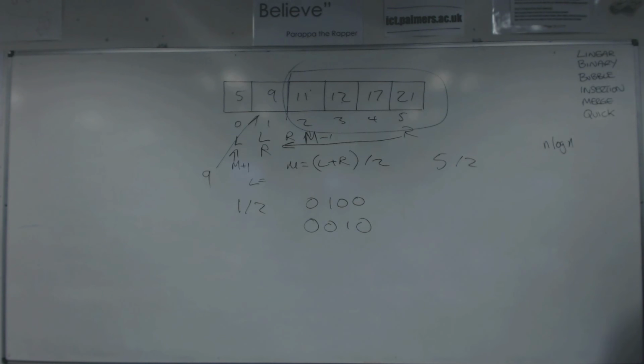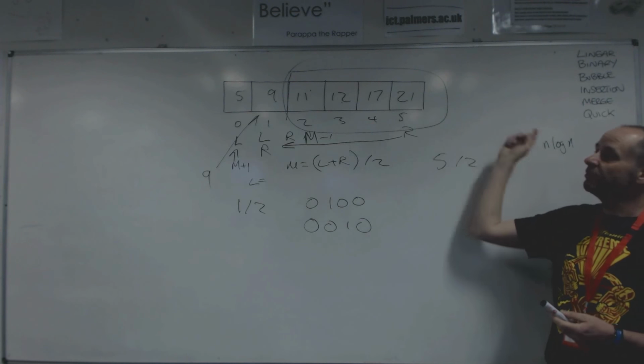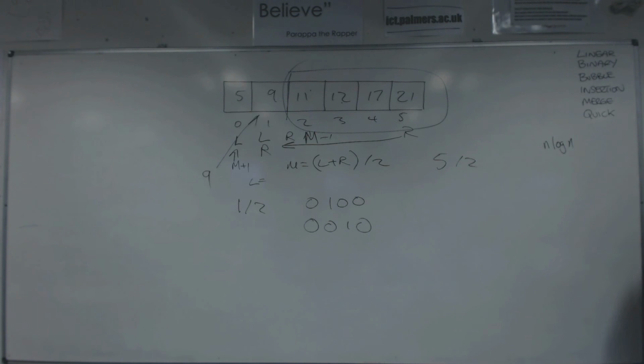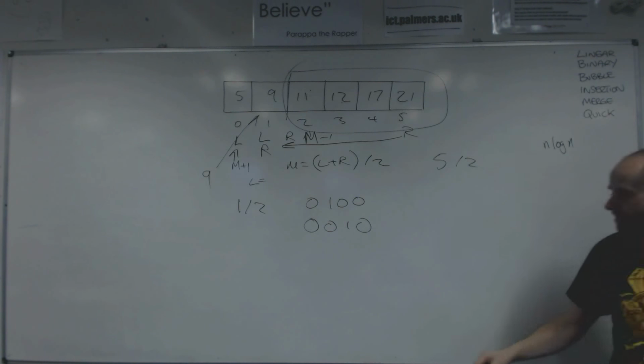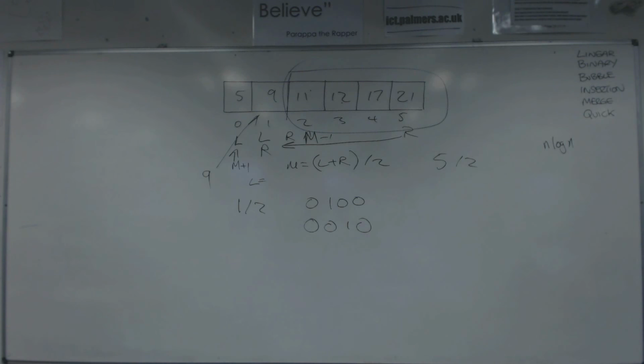It's a cracking algorithm, binary search. You've got to have your data in a structure that allows it to be searched though, so that's either a linear sorted array or a tree structure. If you've got a complex data structure in a binary tree format, you can still do binary search. Right, I'll stop the video there and then I'll talk about these sorting ones.